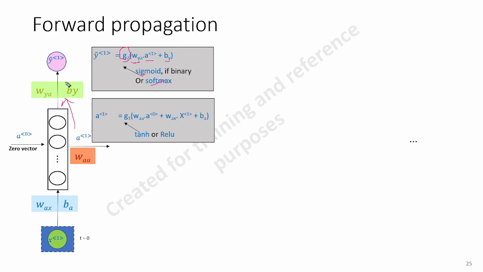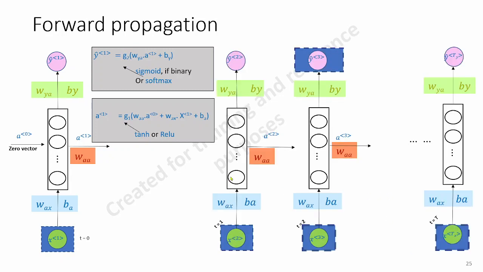Why sigmoid and softmax? Because this is the output. And here typically we use tanh and ReLU. This pretty much summarizes what really happens in the RNN cell, and exactly the same thing will happen in the other time step as well. So I just copied it here, and for the other time step exactly the same thing happens.